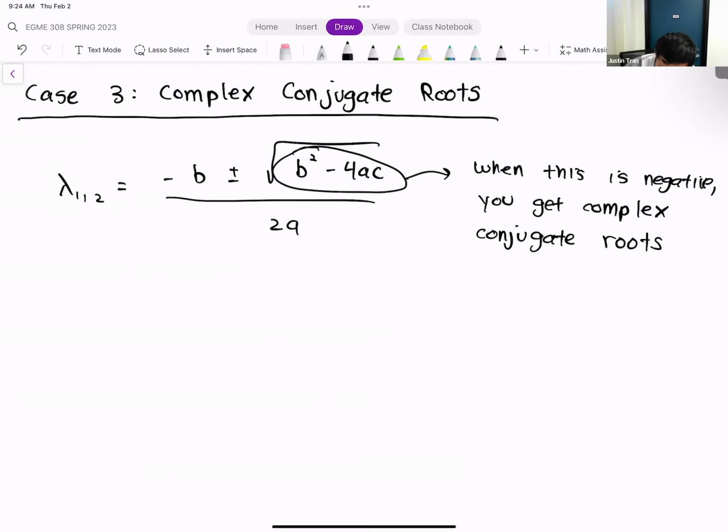And so just for the sake of simplicity, what I'm going to say is that b squared minus 4ac is negative. We're going to define omega squared equal to c over a minus b squared over 4a squared.